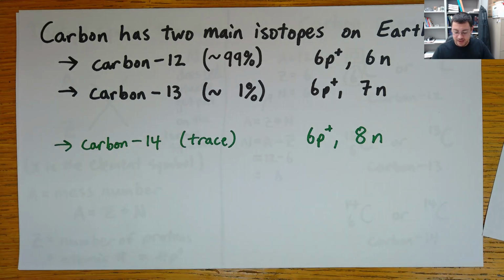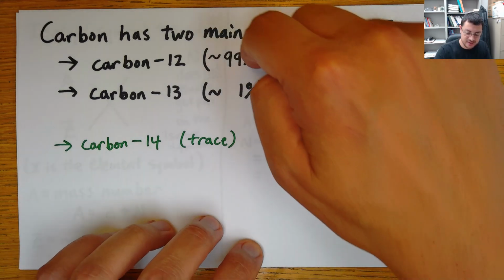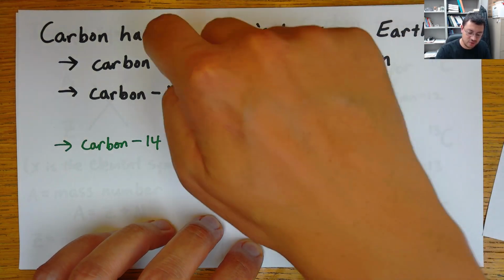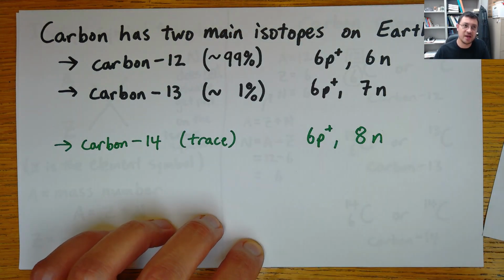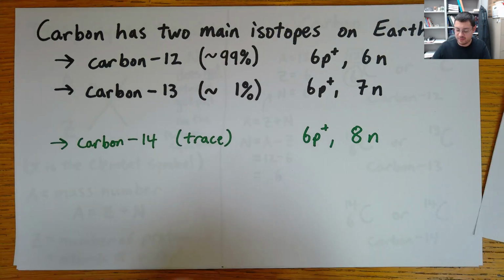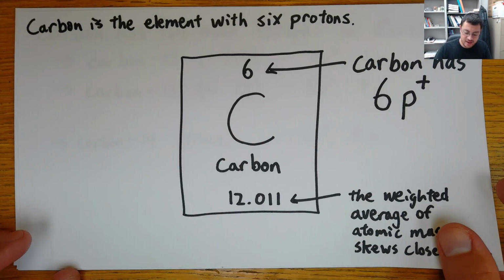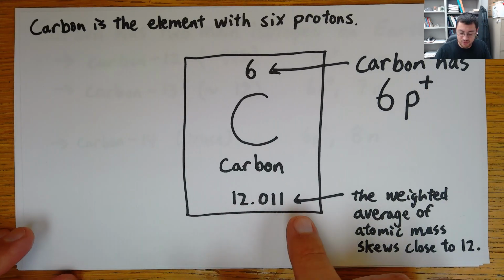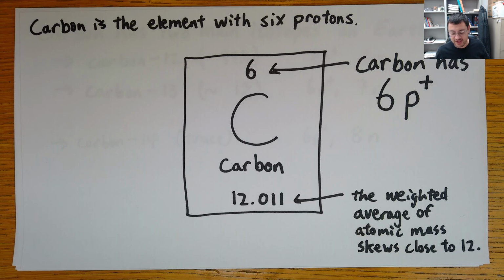Now, that word weighted, and weighted average, can confuse people. Weighting in a mathematical sense just means that since the 99% carbon-12 is the dominant form of carbon, the average is going to skew closer to the 12. We see that here. 12.011, that's the weighted average. That's the atomic mass of carbon.